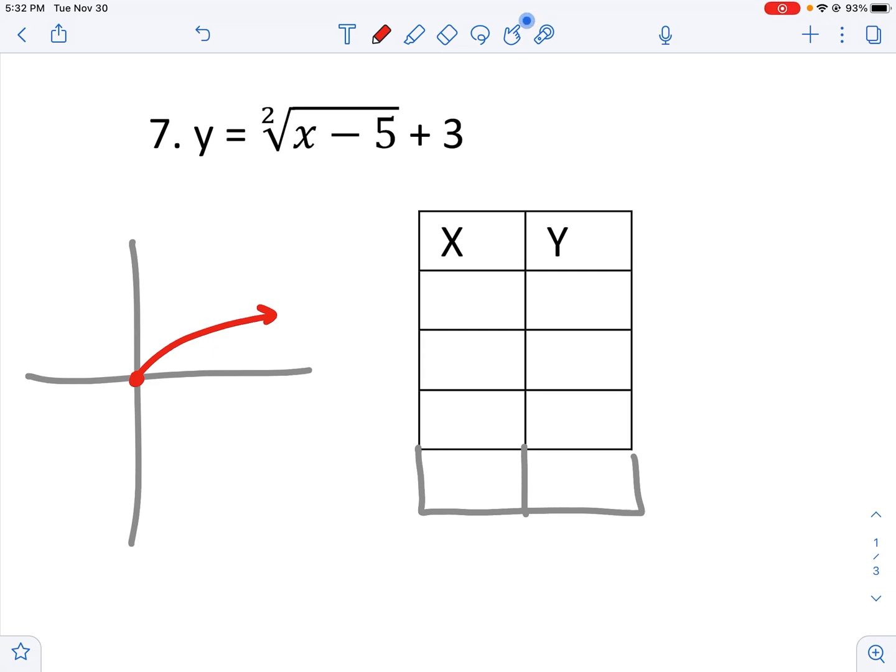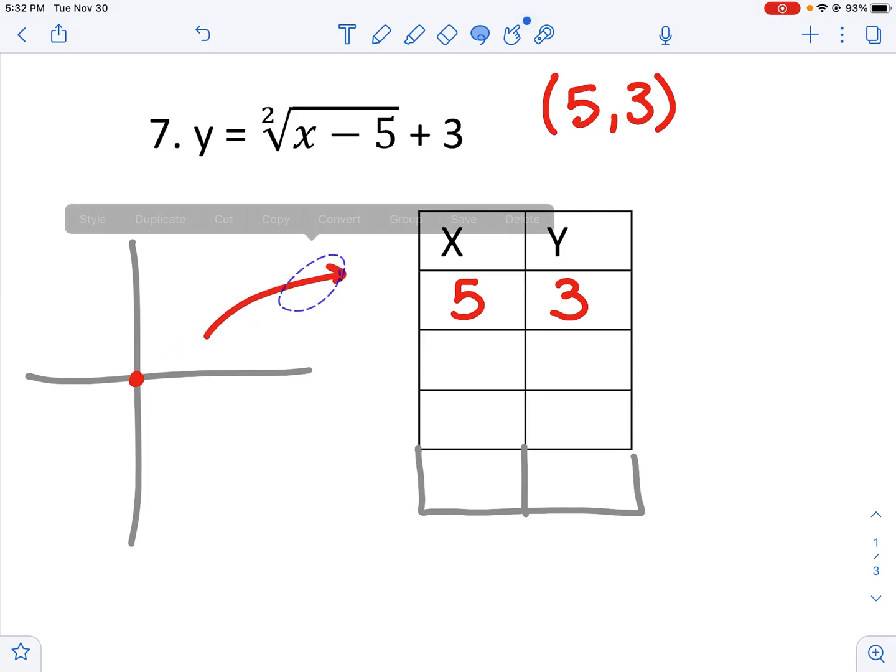So the vertex is what I should start with. My vertex here would be 5, 3. And I'm only going to start with numbers, so if it's 5, 3, it looks something like this.